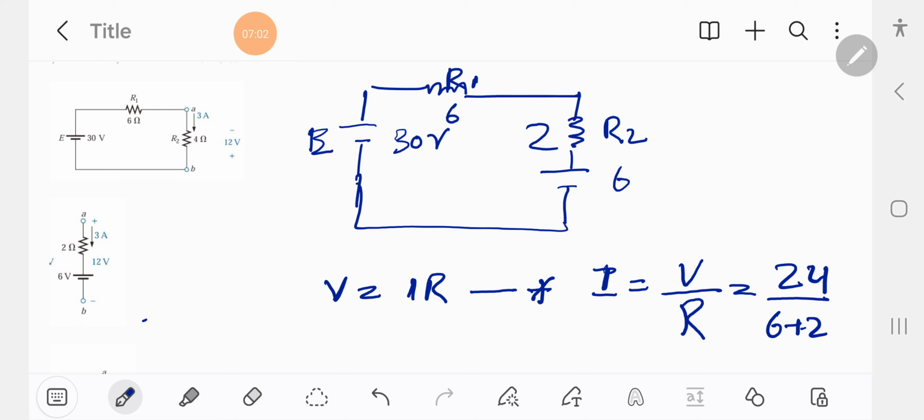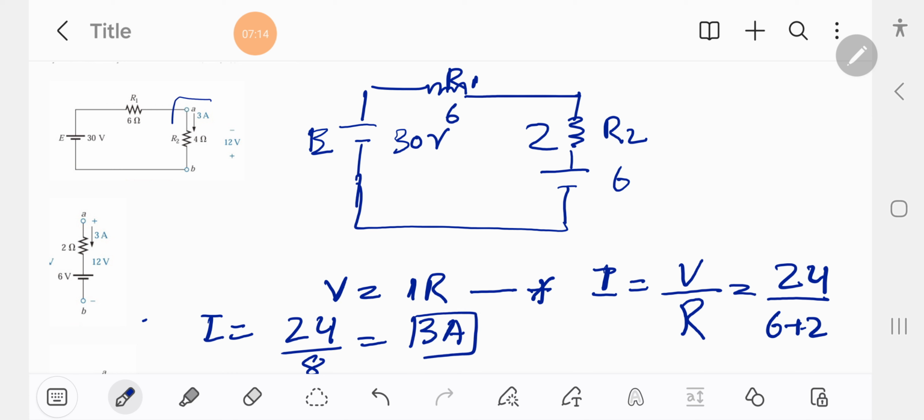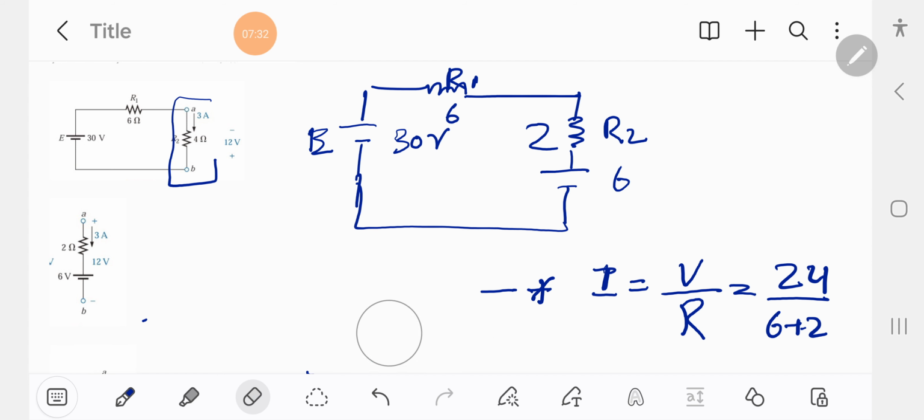Now I is equal to 24 divided by 8, which is equal to 3 ampere. So if we replace this branch by this combination of resistor and voltage, the determined characteristic of the original circuit remains unaltered.